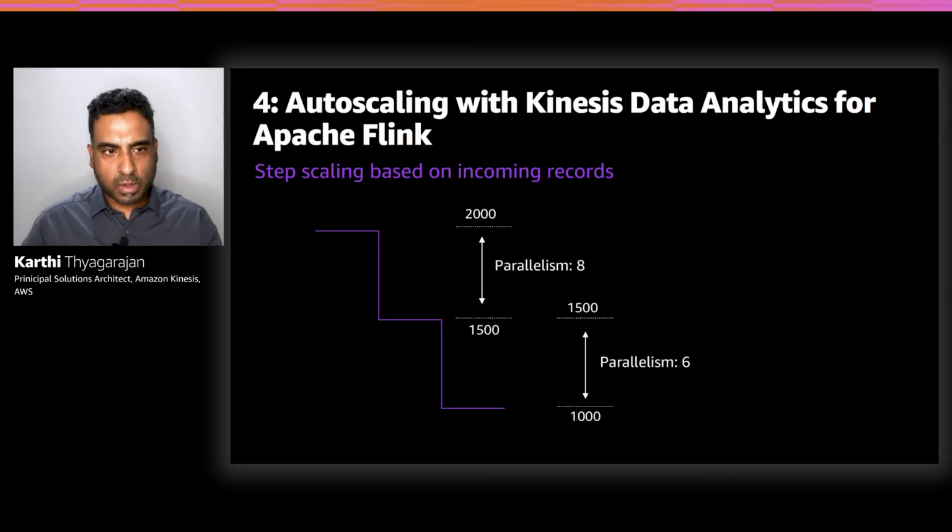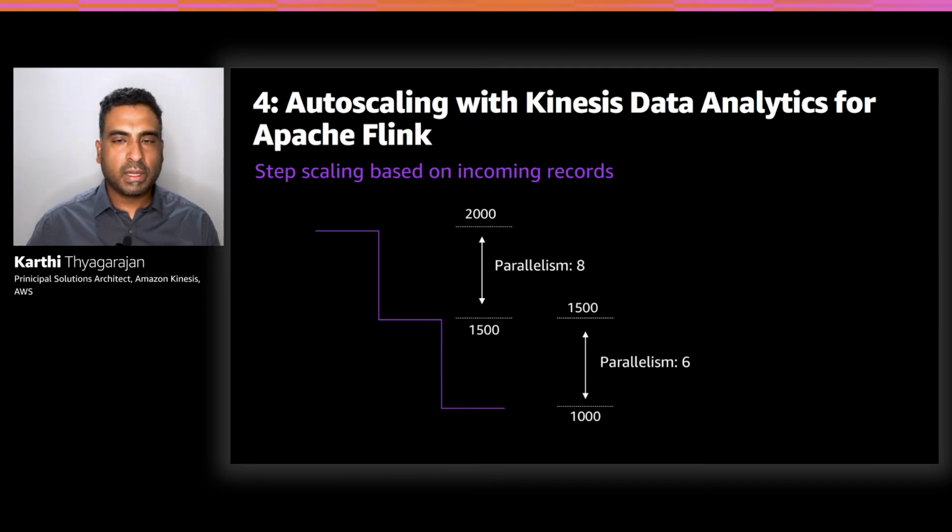It's very straightforward. As you can see in this illustration, we specify ranges of incoming throughput. In this case, 200 to 1500 having a parallelism of 8, and throughput of 1500 to 1000 with a parallelism of 6. We can do this for a number of ranges, and we can also specify a ceiling and a floor. So you can see that step scaling based autoscaling is very straightforward.